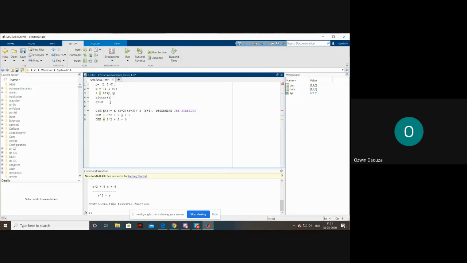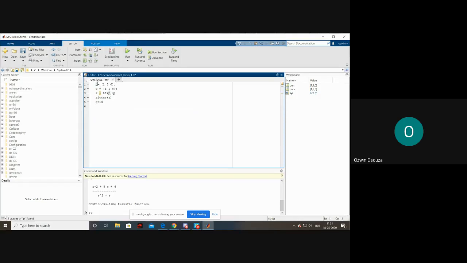Then grid, this is optional. If you place grid, you will get a proper graph, where the x and y axes can be easily traced. Without grid you will get a plain sheet of output. So this is my MATLAB code for root locus.